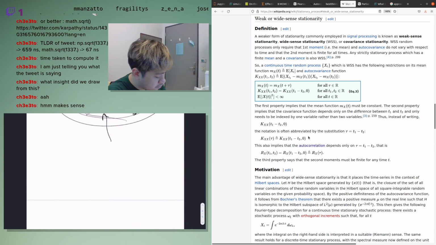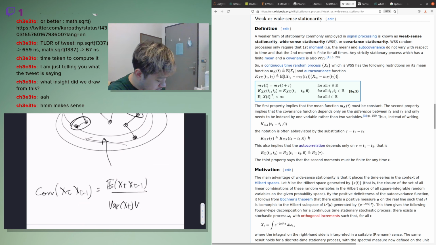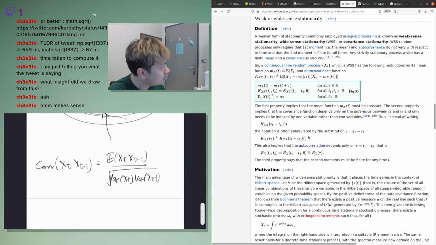So if I take the correlation of xt and xt minus 1, this is going to be the covariance of xt and xt minus 1, divided by the square root of the variance of xt times the variance of xt minus 1. And then these are going to be the same, so it's just going to be a variance.